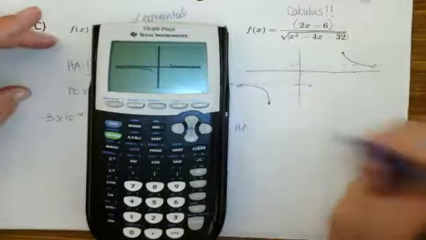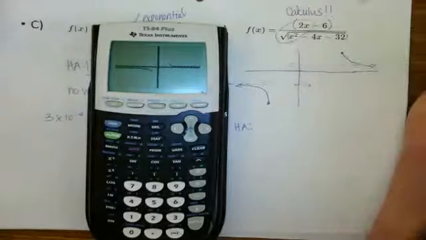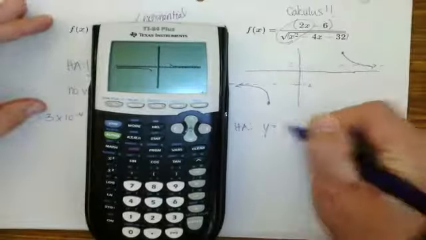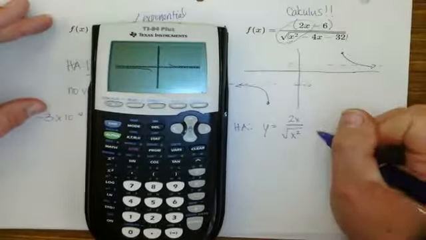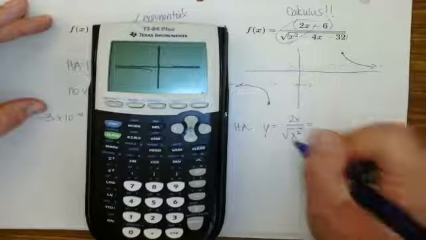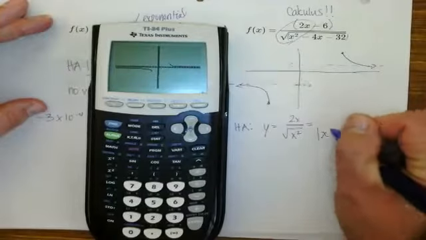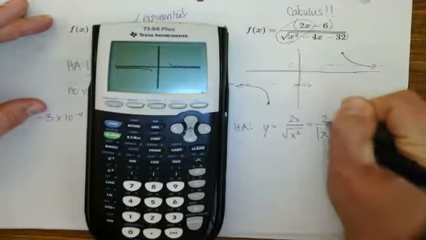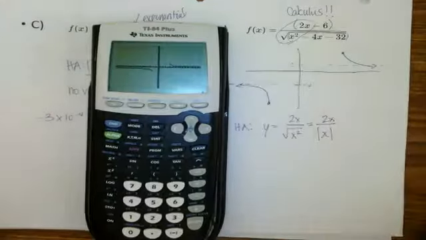The horizontal asymptote always comes from the leading coefficients here. So what's going on? We have 2x over the square root of x squared. Well, the square root of x squared is x, but actually it's the absolute value of x, and that's something that Delta Math glossed over this year.